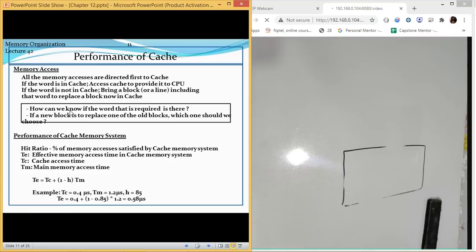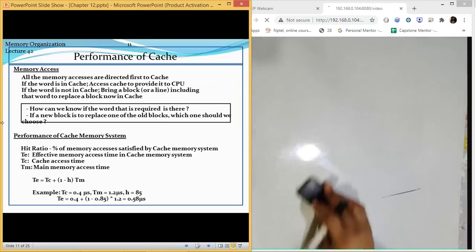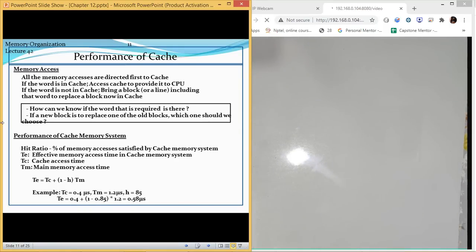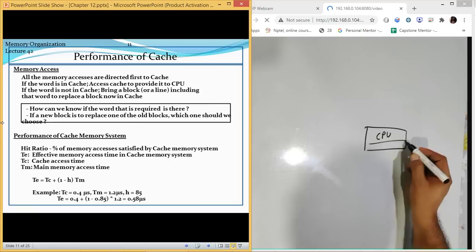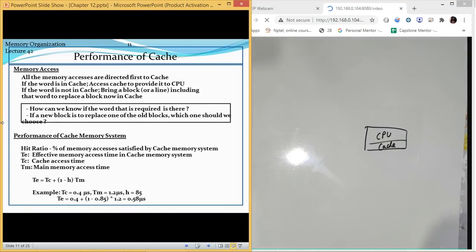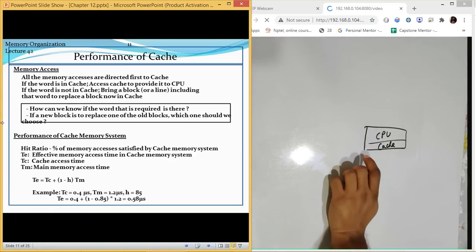Now, performance of cache. Now, how it actually works. As we discussed earlier, we have a CPU. Inside that CPU, we have a cache with it.